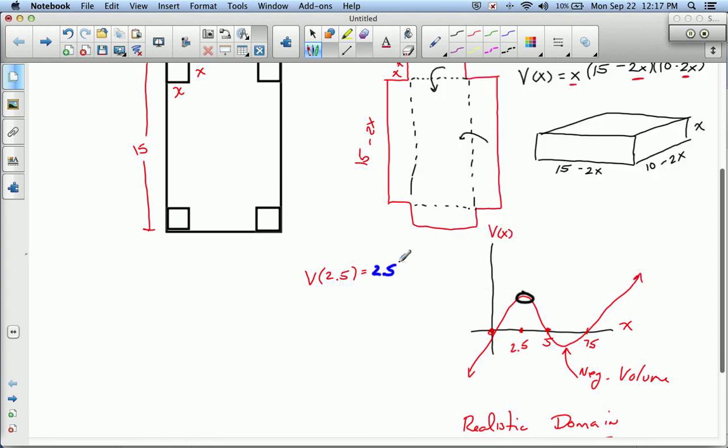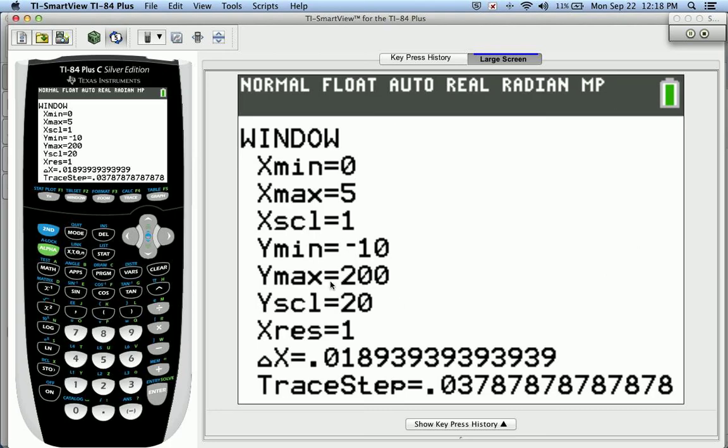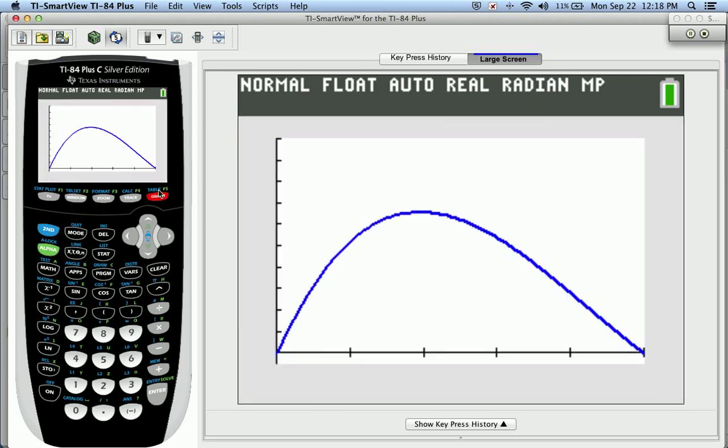So 15 minus 5 and 10 minus 5. That gives us 125 as an approximate volume. I might be low, I might be high, I don't know. So I'm going to go up to 200 instead of 125. 150 would probably work, but why not be on the safe side? We'll now graph it. There's our graph. 200 is plenty high. The volume that maximizes is right here.